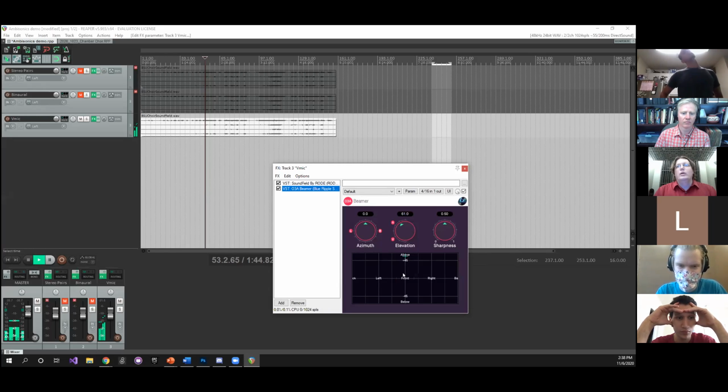So right now the microphone is aimed straight up out of the choir.